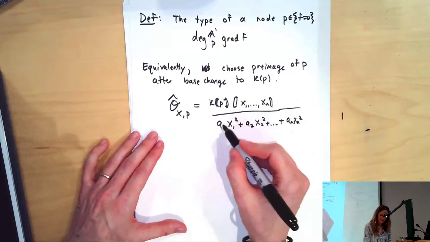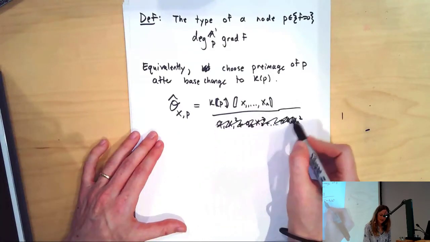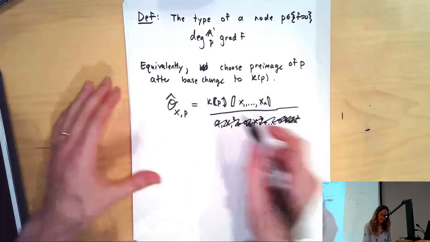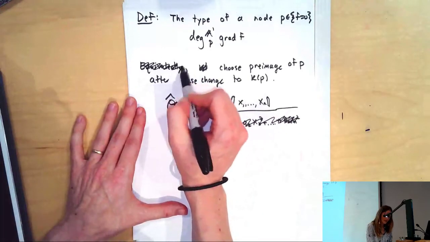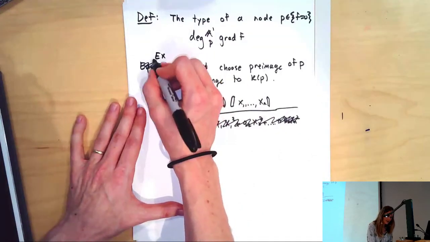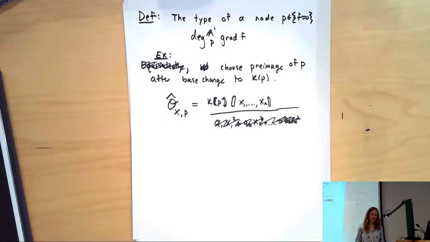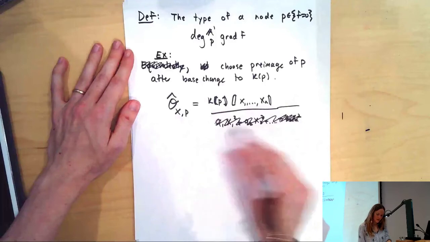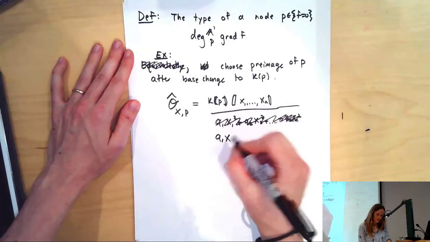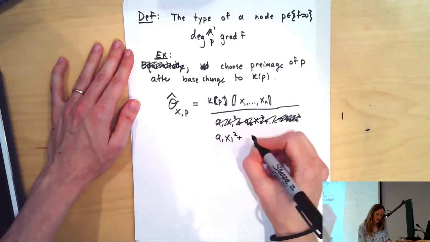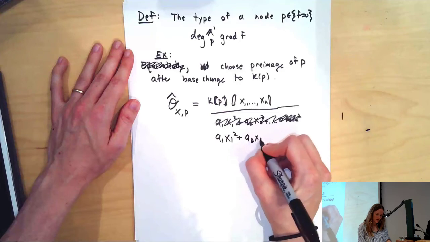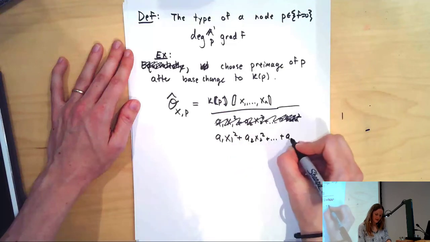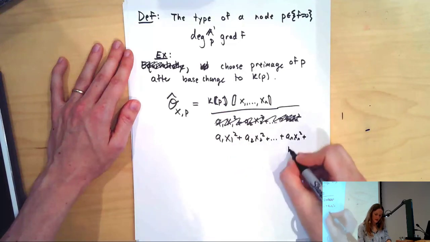We can have cross terms, but let's do an example so that I don't have to take a big determinant. Let's suppose that we are cut out by a1 x1 squared plus a2 x2 squared plus ... plus an xn squared plus higher order terms.